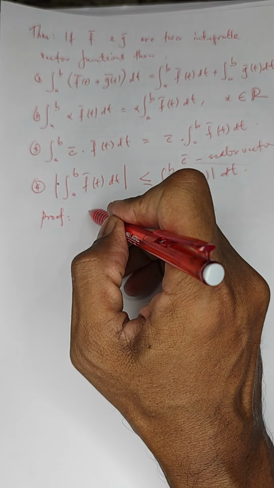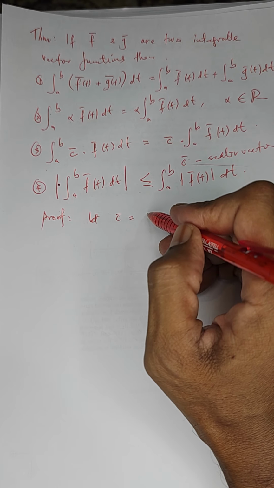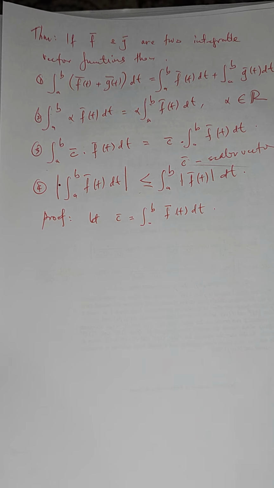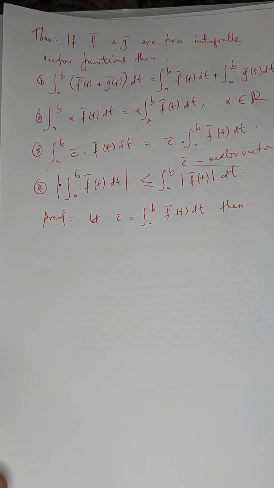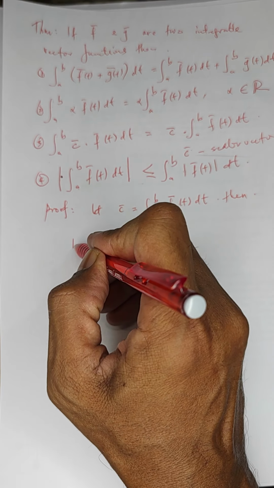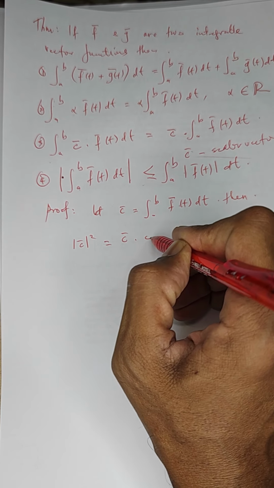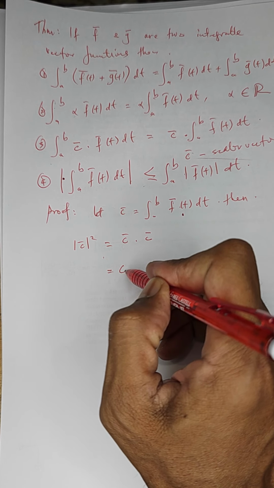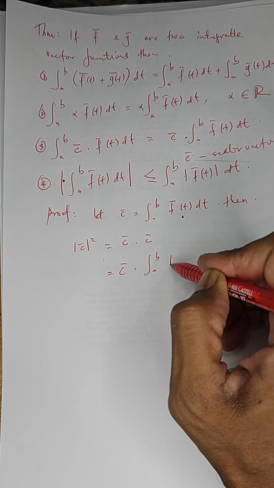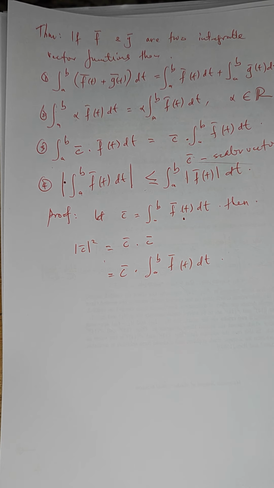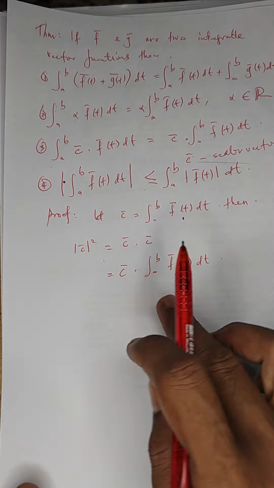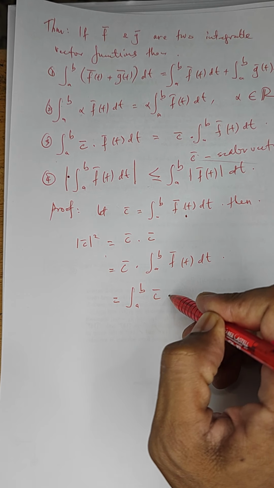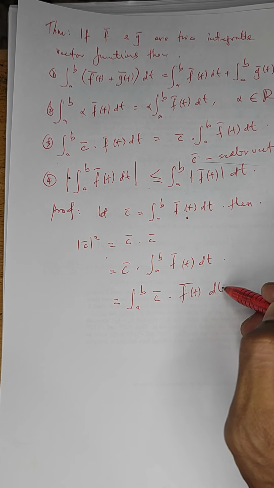Let c be the integral a to b f(t) dt, then the magnitude of c squared is equal to c dot c by definition, and our c is given there, so we use one of them: c dot integral a to b f(t) dt, and this is the same as, using property number 3, integral a to b c dot f(t) dt.